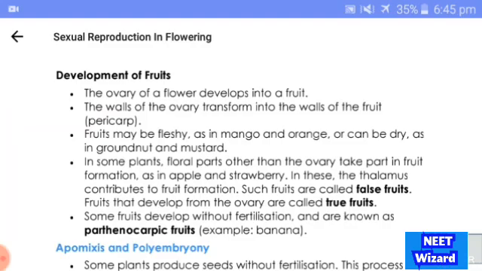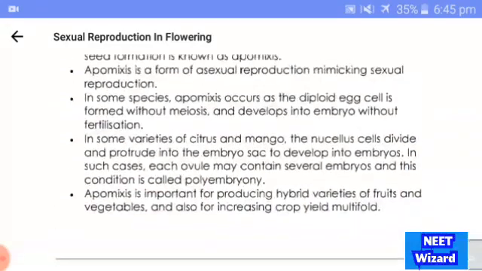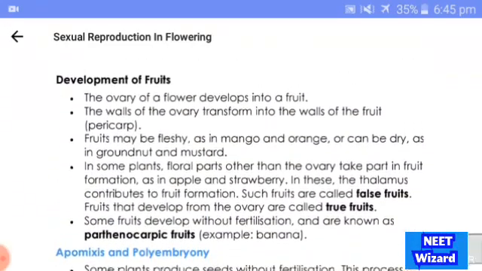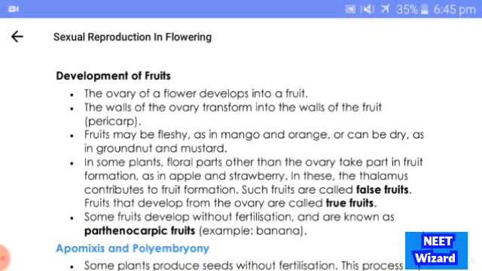Development of fruit. The ovary of a flower develops into a fruit. The walls of the ovary transform into the walls of the fruit, the pericarp. Fruits may be fleshy as in mango and orange, or can be dry as in groundnut and mustard. In some plants, floral parts other than the ovary take part in fruit formation as in apple and strawberry.